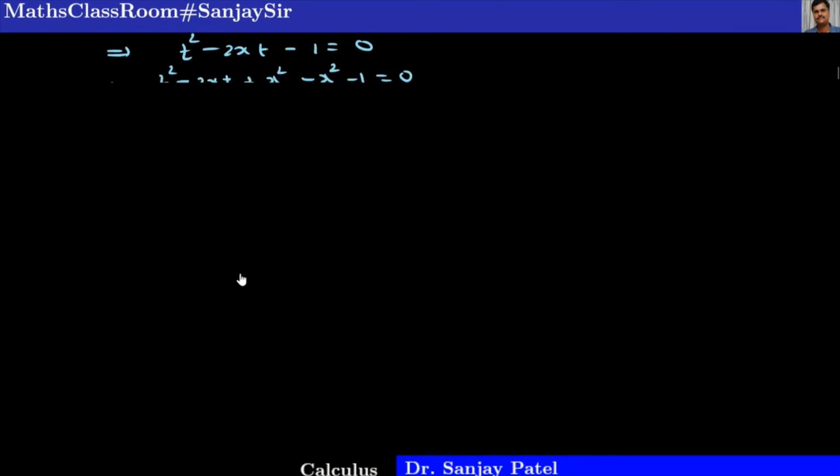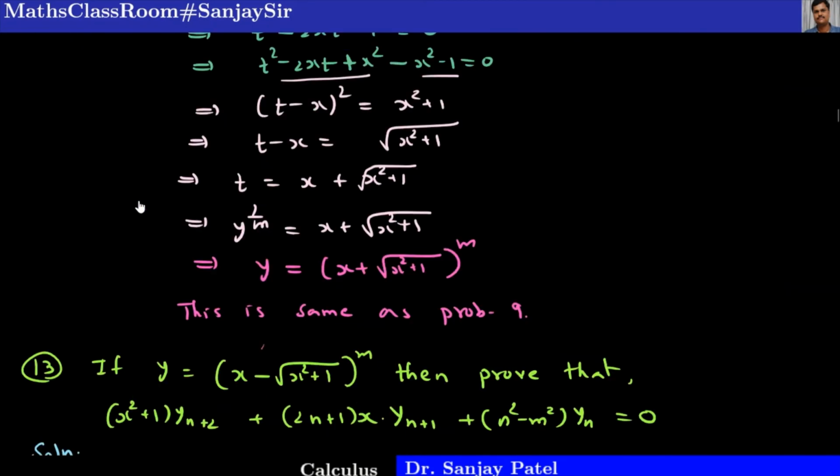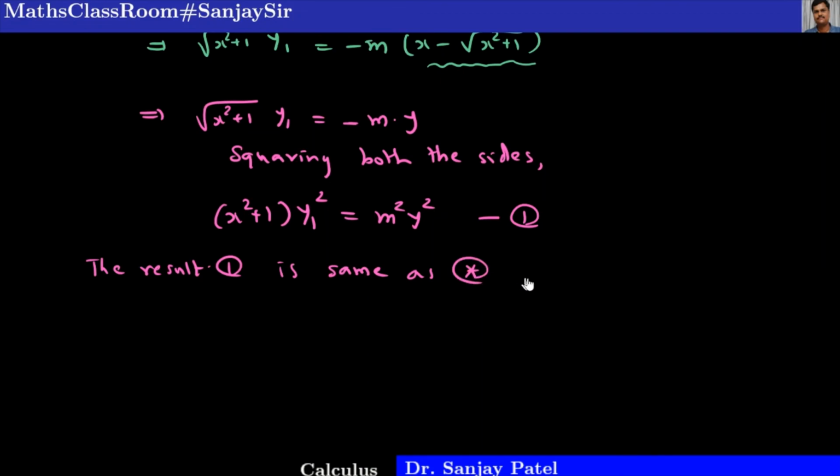So I will just mention here in this problem number 13, let us not call this a star, let us call it result number 1. The result 1 is same as the result star of problem number 9.